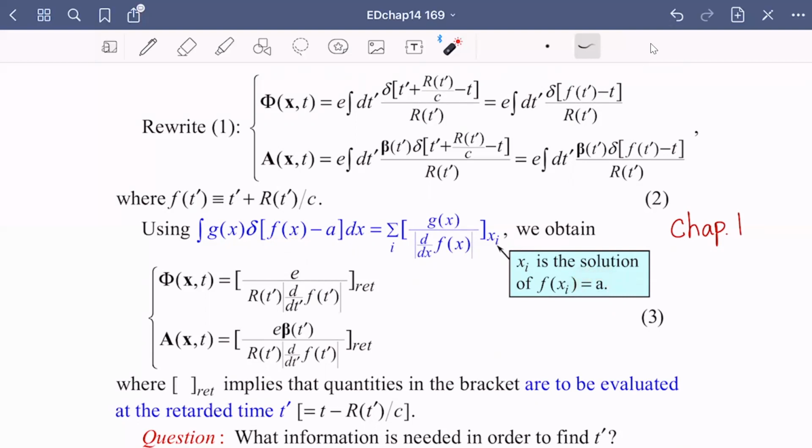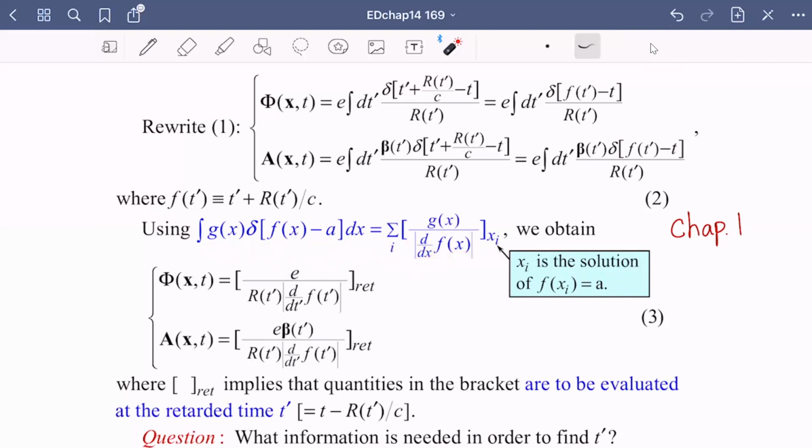We sum over solutions, maybe more than one, but in this case just one point, no other contribution. We will use this property.